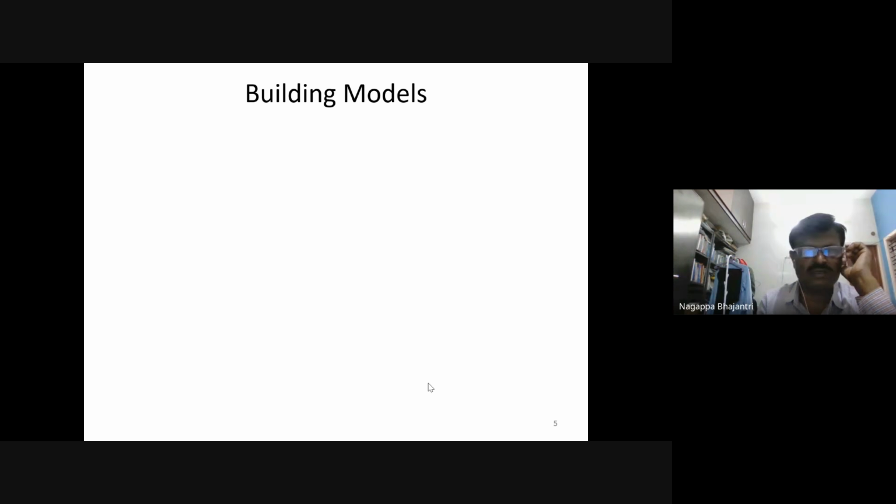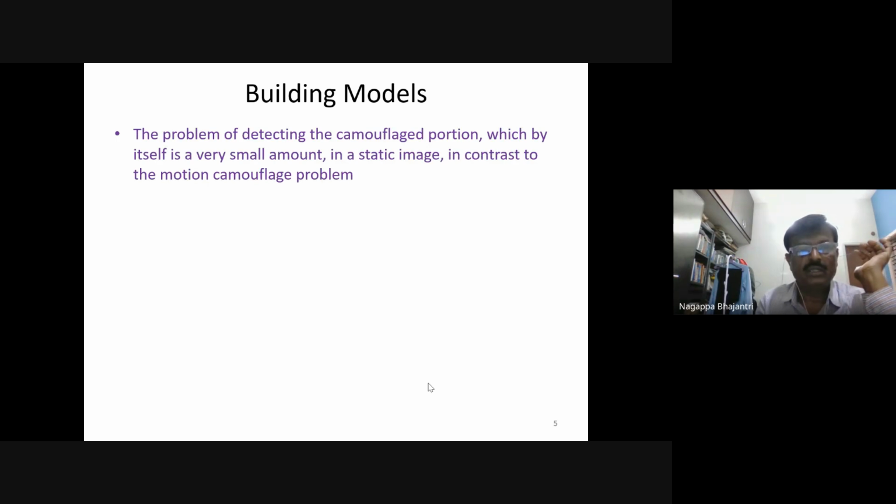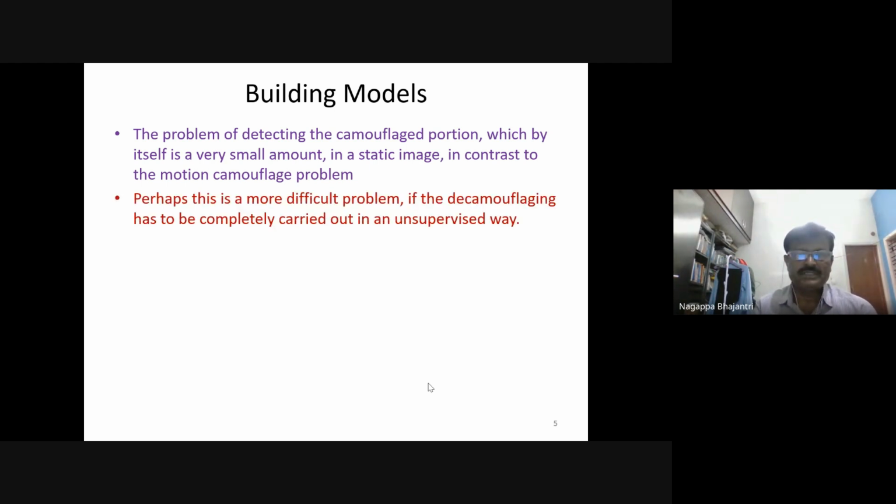One such effort here is the problem of detecting a camouflage portion, which may itself be a very small amount, in a static image, in contrast to the motion camouflage problem too. Perhaps this is a more challenging situation.